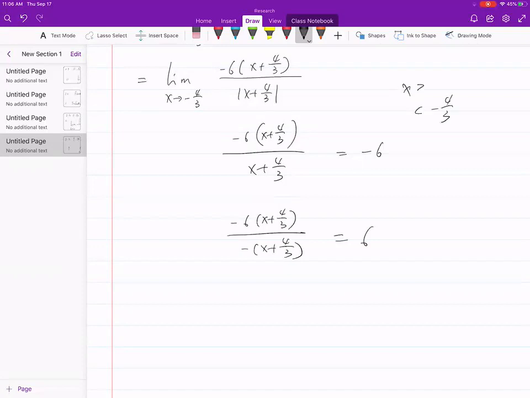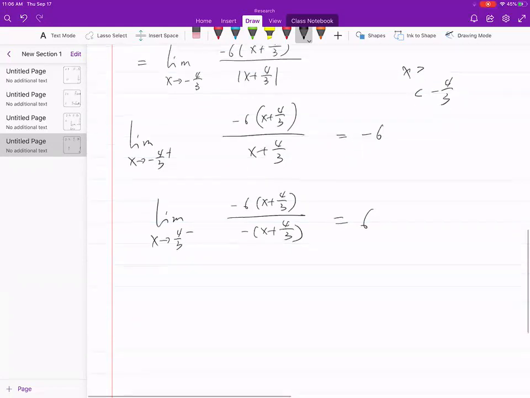Okay. Then you can see this one works for your right limit. And this one works for your left limit. Do you follow what I wrote here?